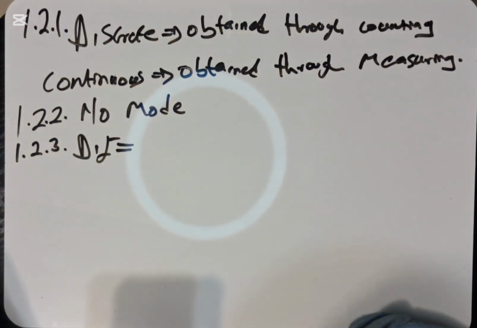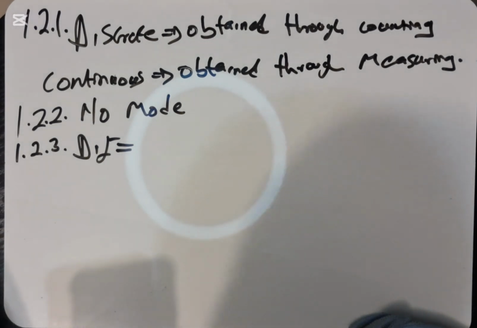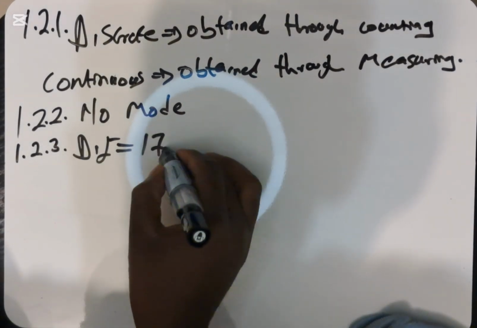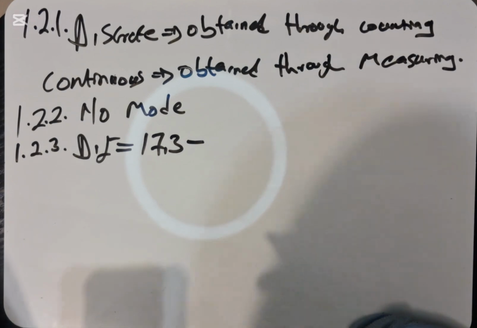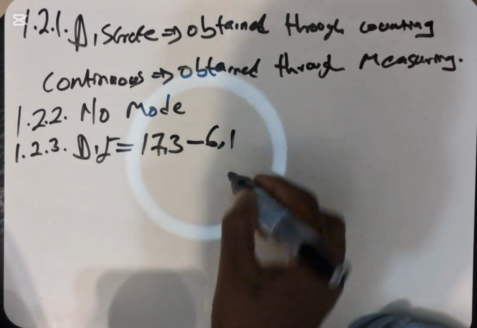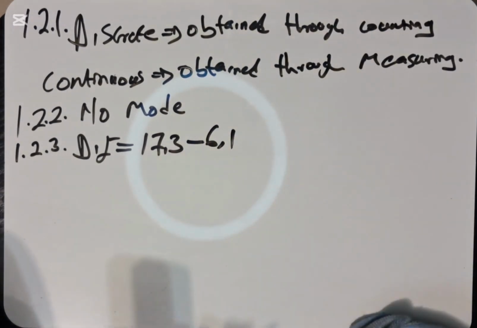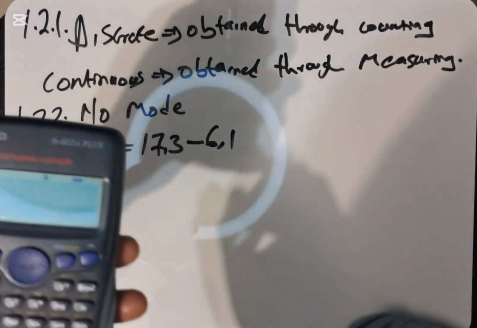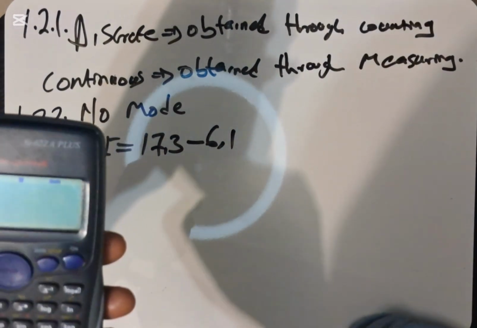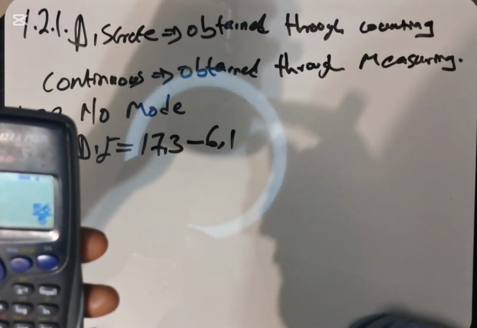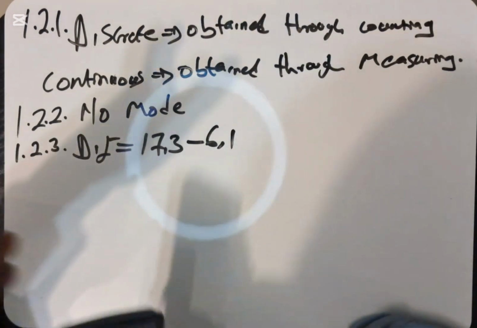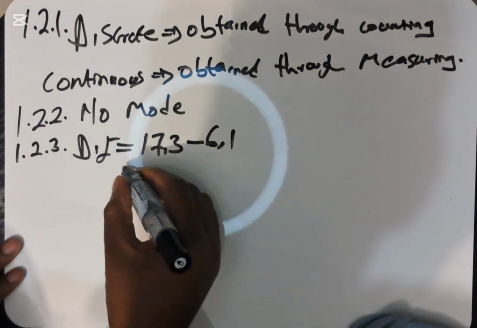We must only concentrate on the neutral. So 17,3 minus the neutral of question B, which is 6,1. With our calculator, we find that the difference between the two is 11,2.